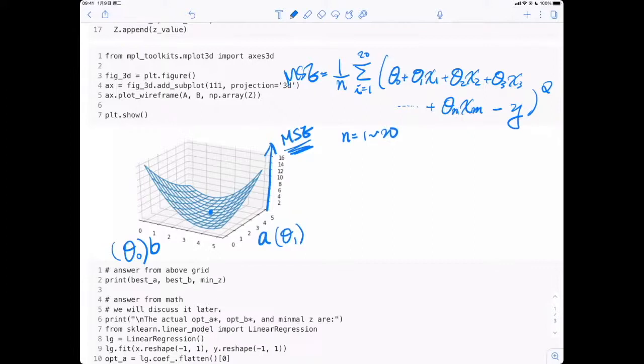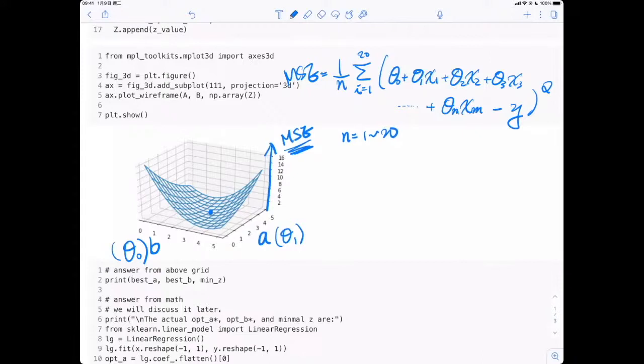Any pair of A and B will represent a model, and we show the MSE value of this model on the z axis. As we can see, it is a mesh, and you can find the lowest point on this mesh.